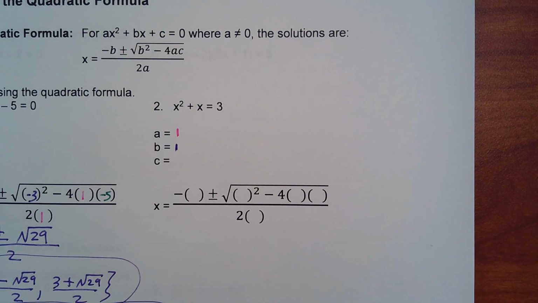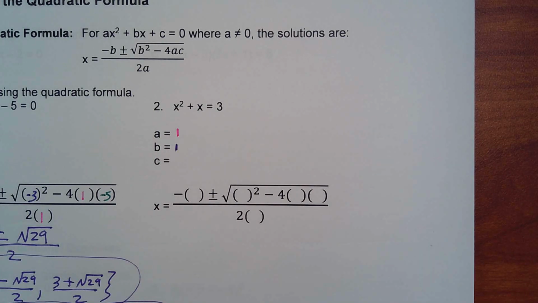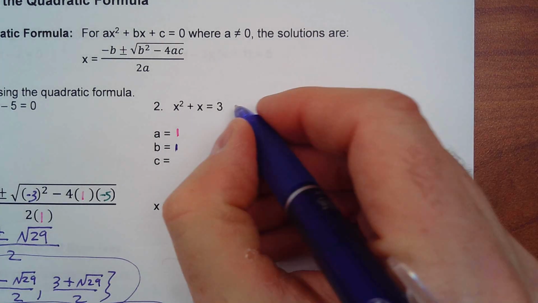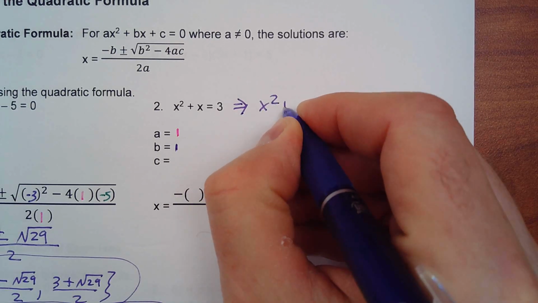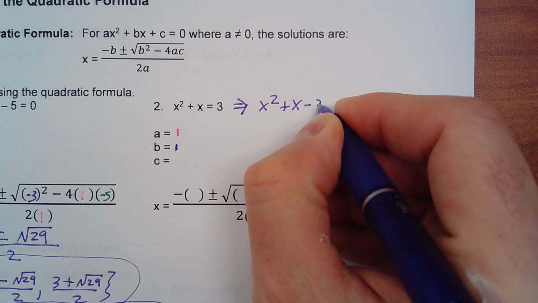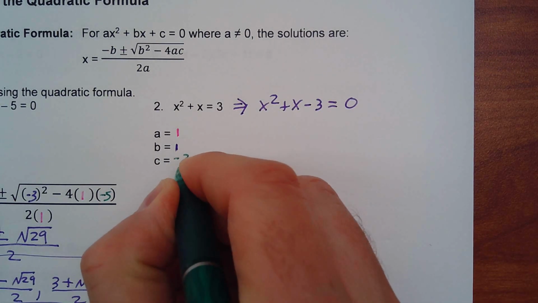If I put a positive 3 here and plug in, I'm not going to get the right answer. I have to first subtract 3 from both sides to get 0 on one side. So it's important you do that first. That tells me I'm actually plugging a negative 3 in for C.